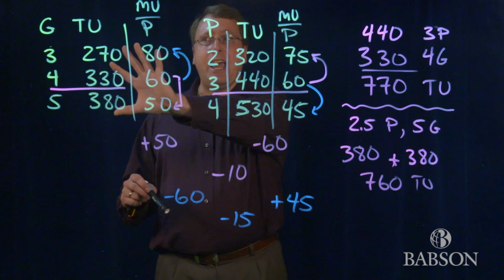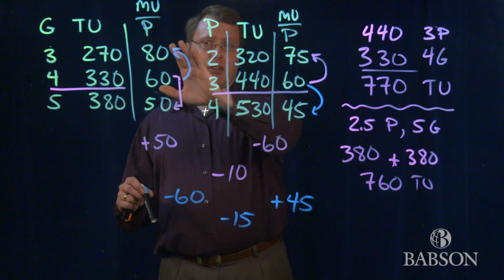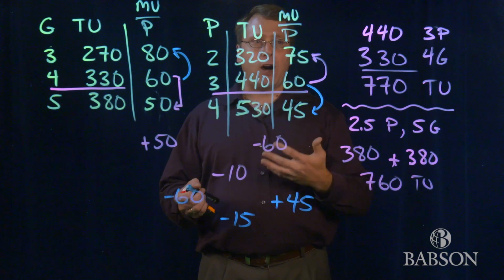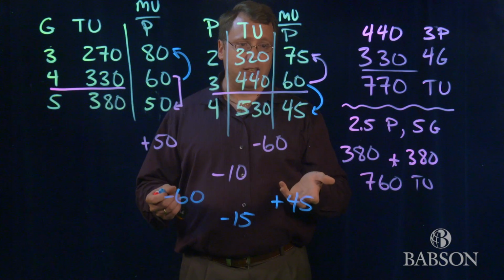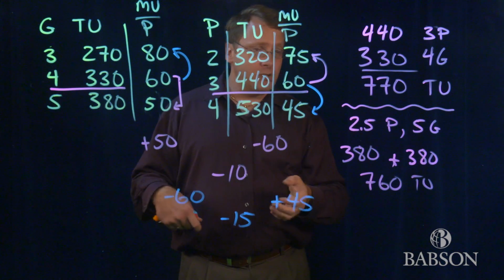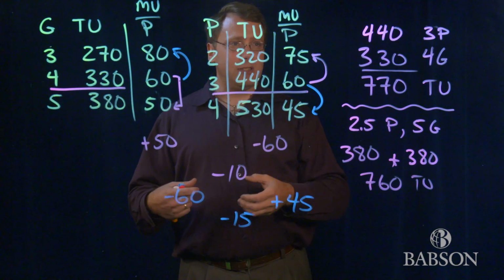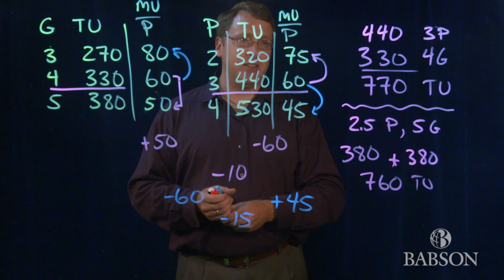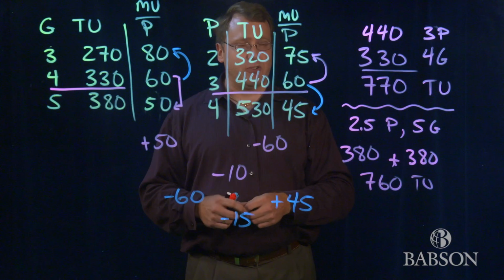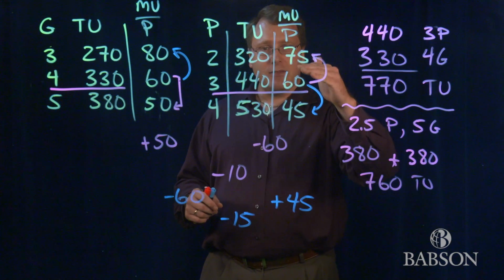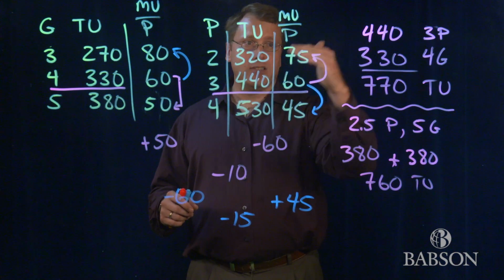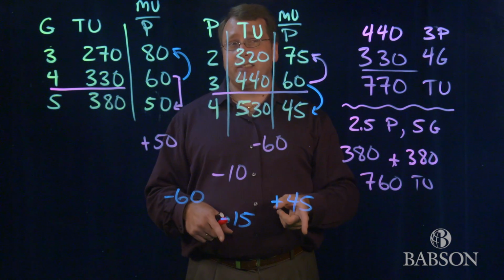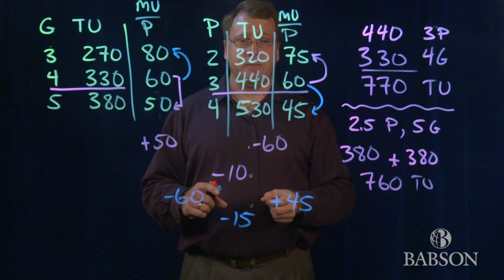And the same thing happens with granola. We go from 80 to 60 to 50. So what's going on here? Why are these values decreasing? Aren't Pop-Tarts good? Yes. Isn't granola good? Yes. But they're not quite as good as the previous unit. This is what we call diminishing marginal utility. So as the quantity increases, the marginal utility that we're getting is still positive, but it's getting smaller.